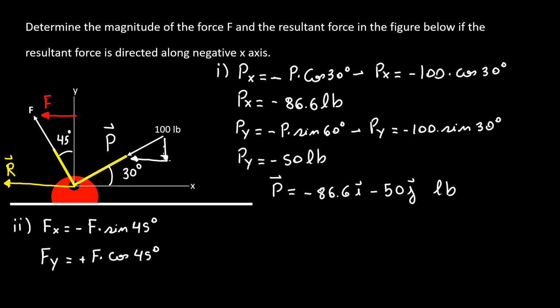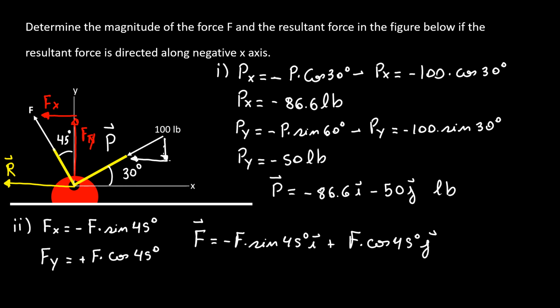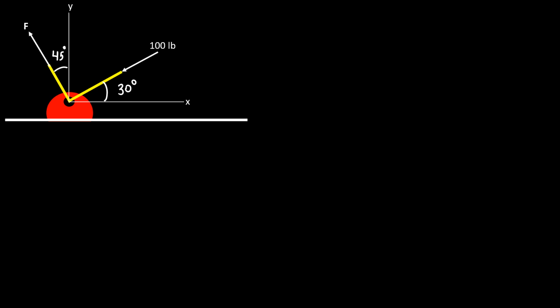Here is my Fx, and here is our Fy. So knowing this, our vector form of F is equal to minus F times sine of 45 i plus F times cosine of 45 j. Now we're gonna do the same analysis.